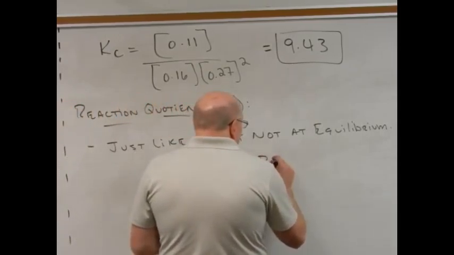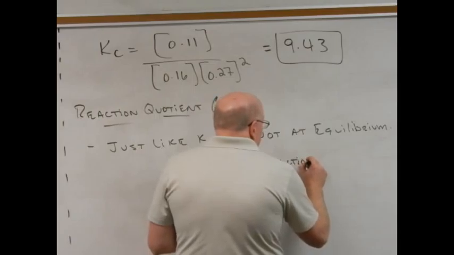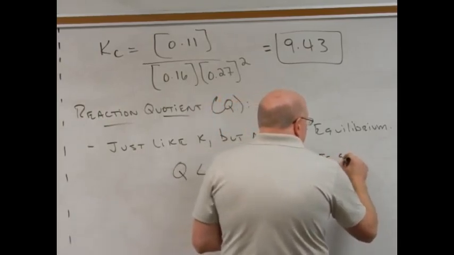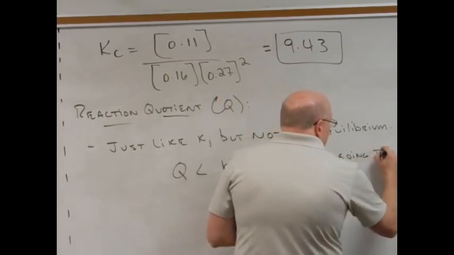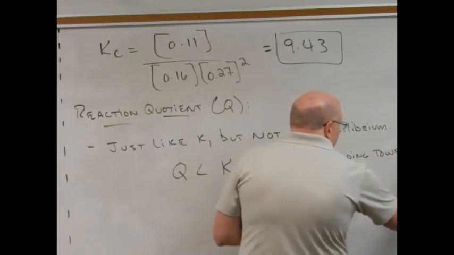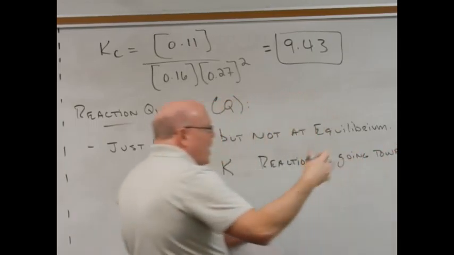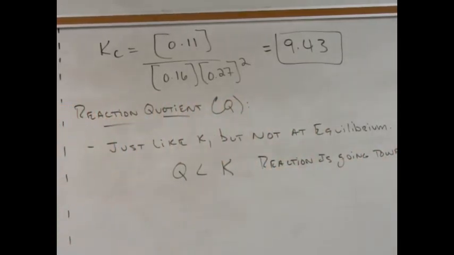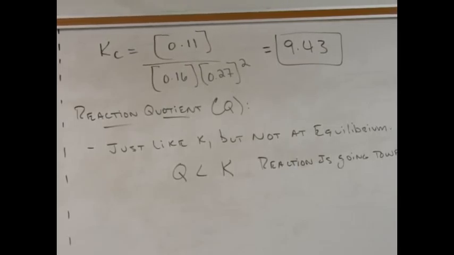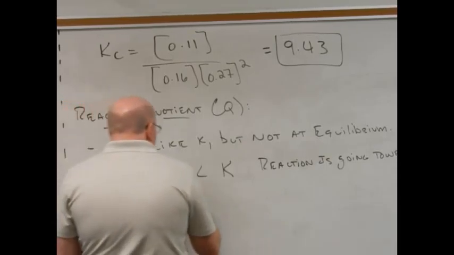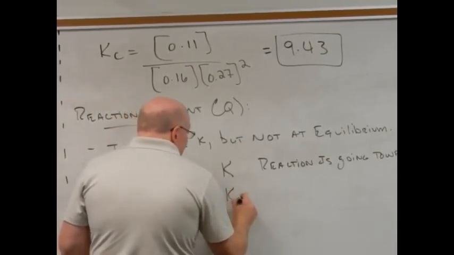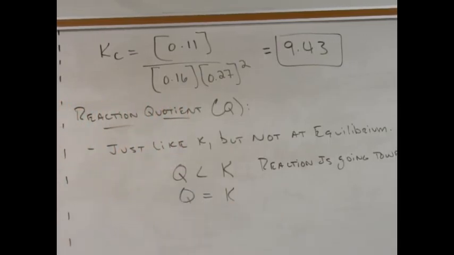The reaction is going towards the product. That is, it's not done yet. The reaction's still happening, but it hasn't settled yet. You're seeing the concentration at some point prior to striking the balance, still getting to equilibrium. Obviously, if you measure the value and the Q value you get is the same as K, then you made it. You're at equilibrium.